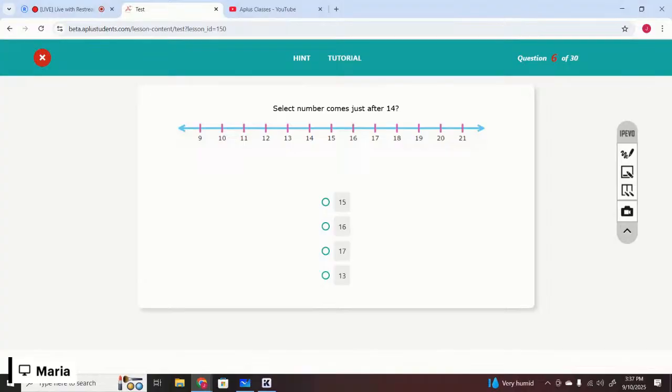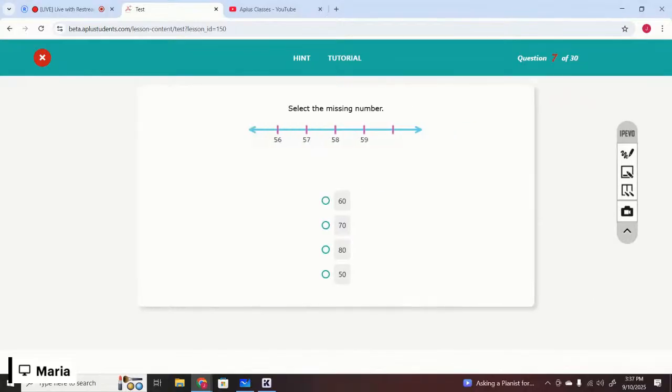Select the number that comes just after 14. 15 it is, just after 14 it is 15.